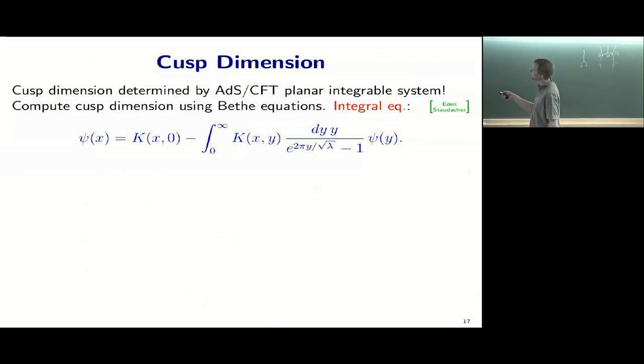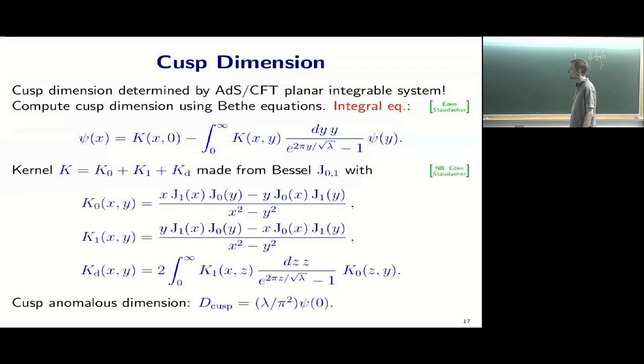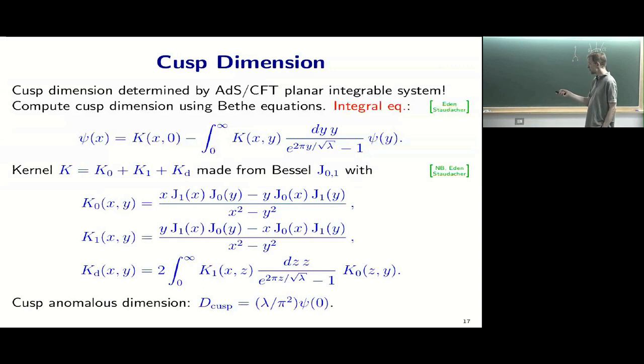So the Bethe equations in this particular large S limit reduce to a certain integral equation, and it's an integral equation for this function psi of x, and k of x and y is a certain kernel made from Bessel functions, Bessel 0 and 1 in some funny combination, and there's also something which convolutes two of these.